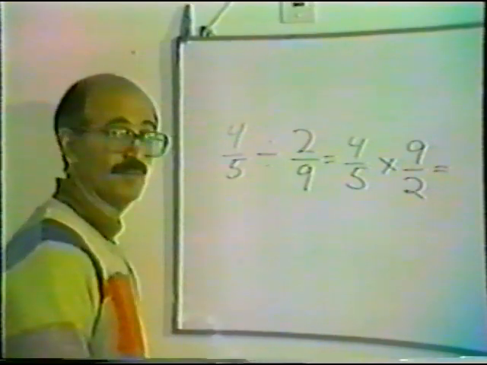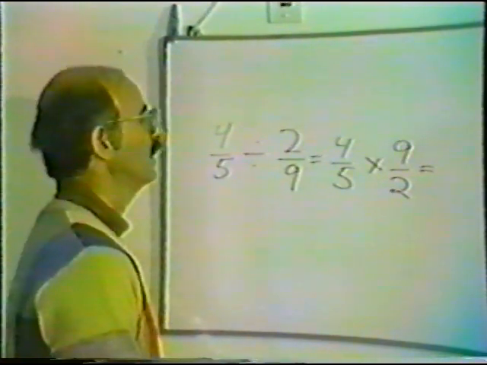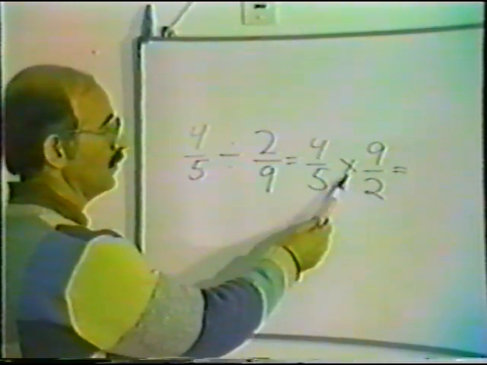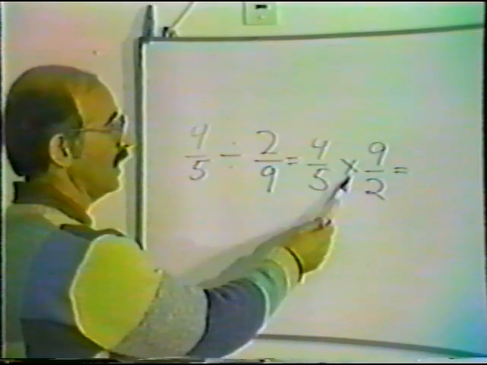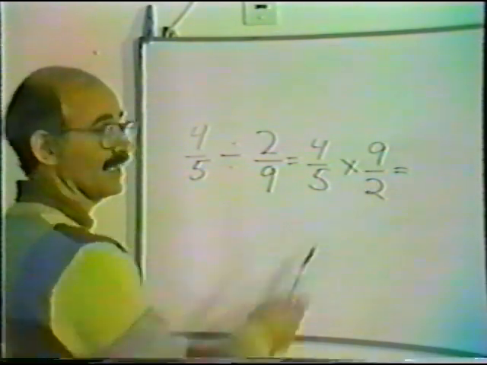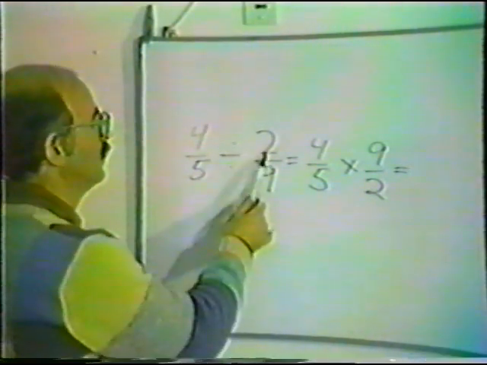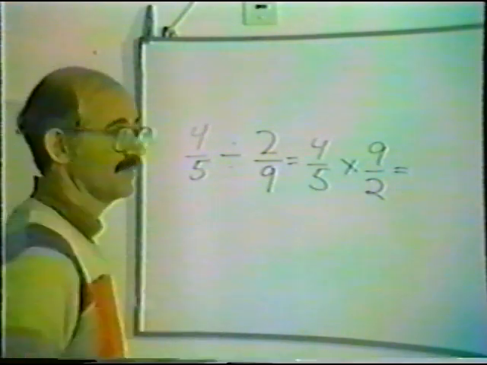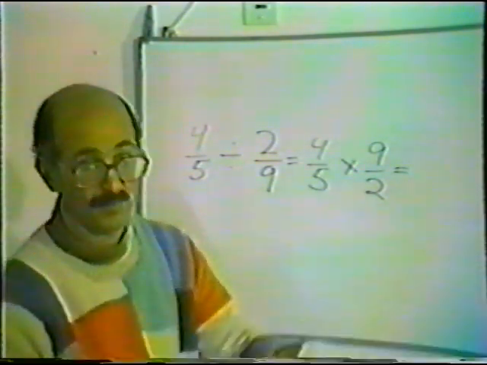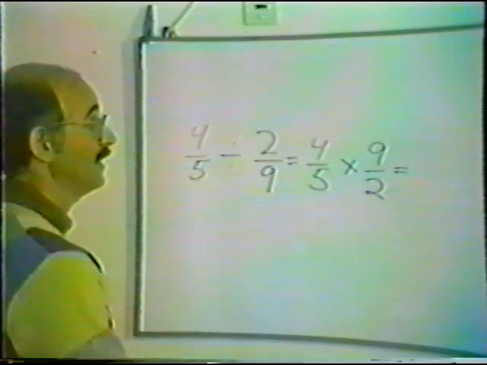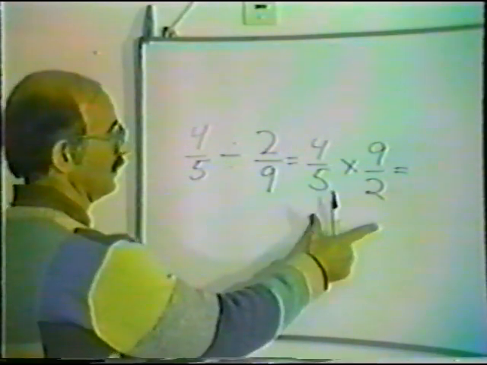You've written the problem over again, you've changed it to multiplication, and you've switched the second number from 2/9 to 9/2. You've flipped it upside down. Now you can just multiply.